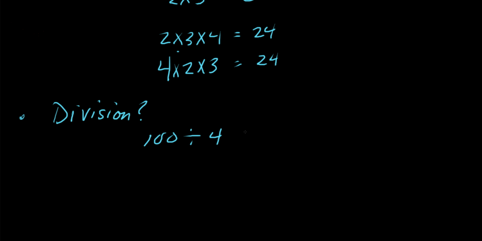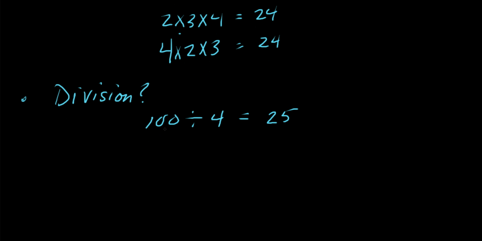We know that equals 25. What about if we have 4 divided by 100? Well, that equals 1 over 25. Very different numbers there. 25 is a much bigger number than 1/25.